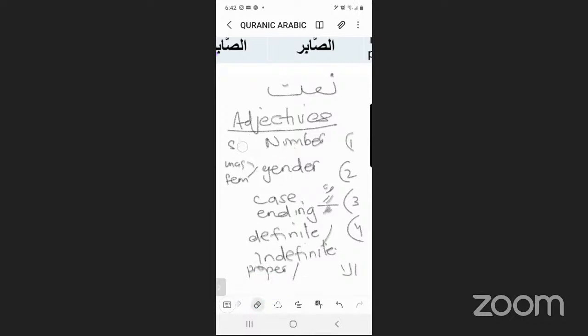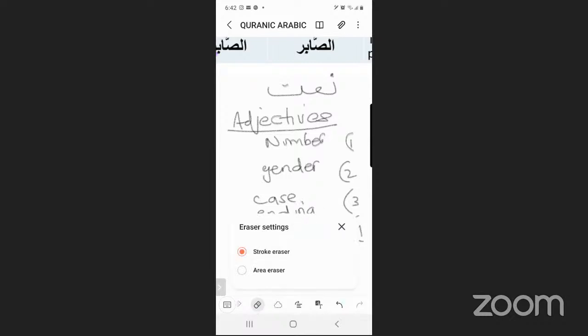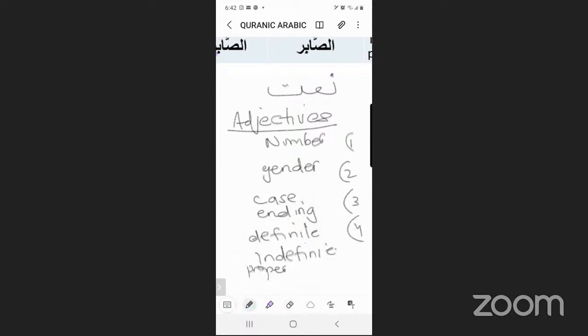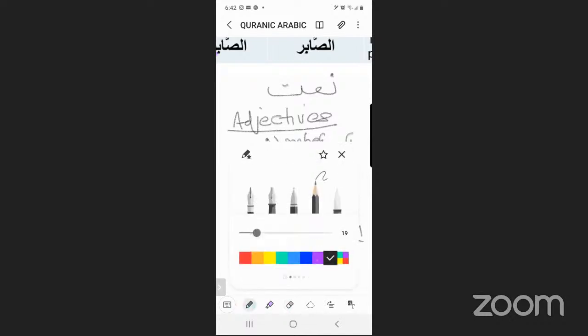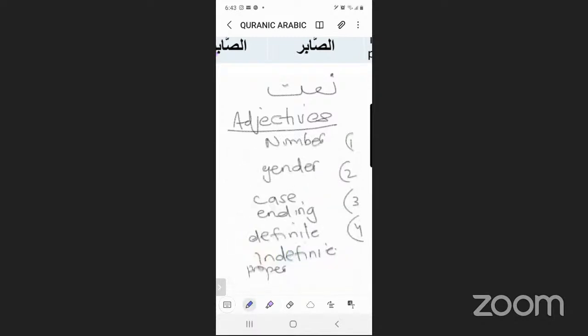I'm going to do the explanation in different colors so it becomes easier. Okay, I'm going to choose another color. Hold the pen. Here I'm going to choose blue so you can see. Do you see that, student? Look, number. Number means it is either singular, dual, or plural.